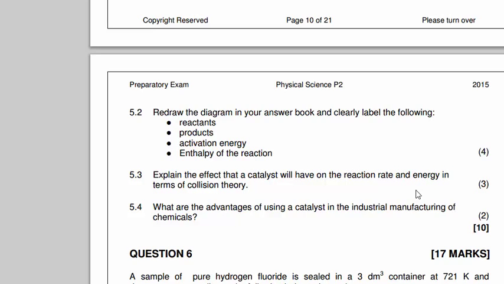Okay, what else? So it increases the reaction rate, but if you look at the previous question, it also did what with energy? What does the catalyst do to energy? Doesn't it shift the activated complex? It reduces the activated complex.